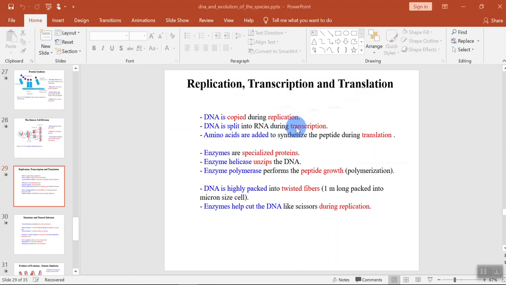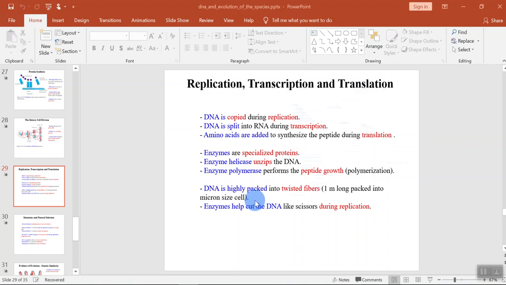And amino acids are added to synthesize the peptide during translation. We said enzymes are specialized proteins, like one enzyme called helicase that unzips the DNA. Another one called polymerase performs the peptide growth, and so on.